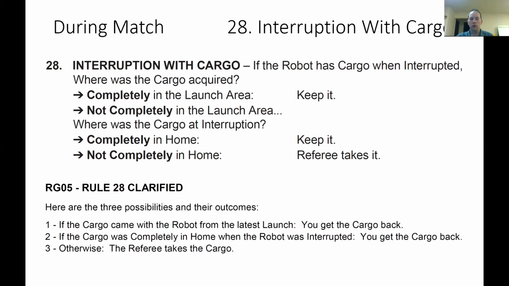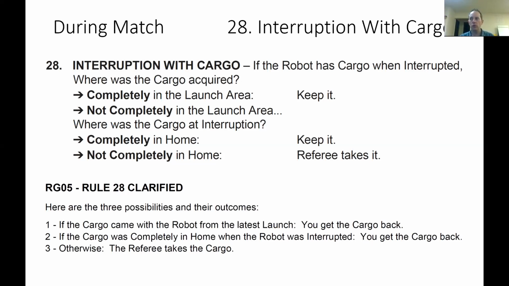Interruption with cargo. This is pretty similar to last year. Cargo is something that's being transported. It's not part of the robot, but it's pushing building blocks out or moving something around on the table. It picked up the inspection drone, it's moving the inspection drone, or it's taking the bat out to put the bat someplace.